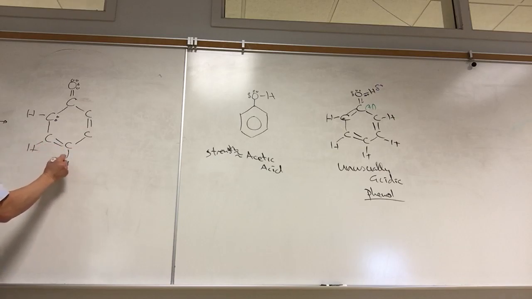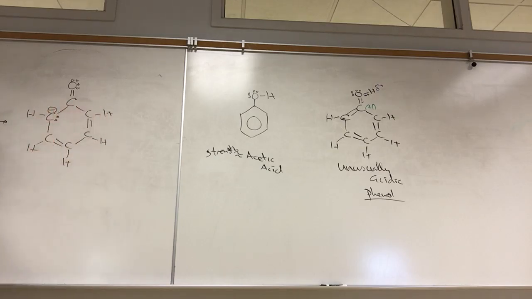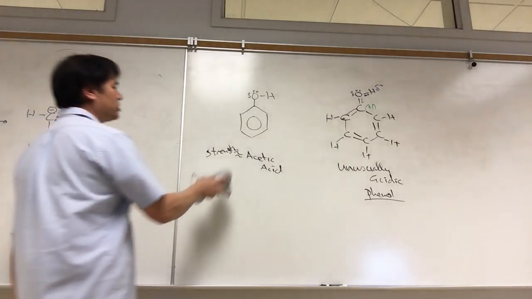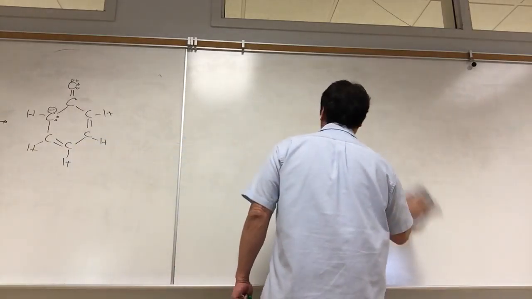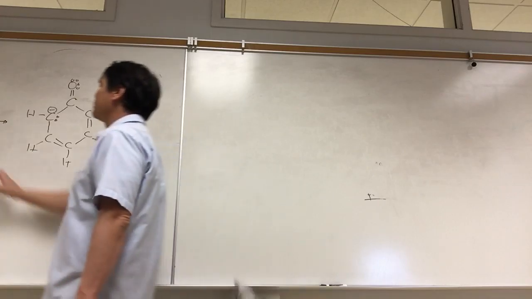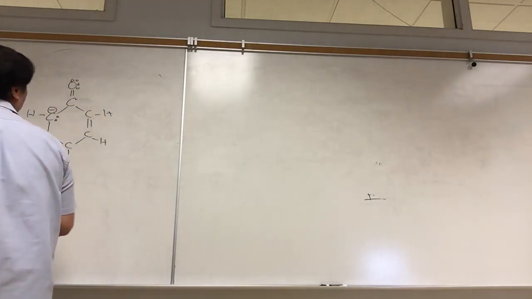And that's going to move the negative charge to this carbon here. Well, that's going to be less stable, so this is going to be a higher energy resonance form. But as far as the hybrid goes, the hybrid is going to be biased or weighted towards the more stable resonance forms. And so the hybrid structure will be more biased towards this structure here, with the negative on the oxygen rather than the negative on the carbon.